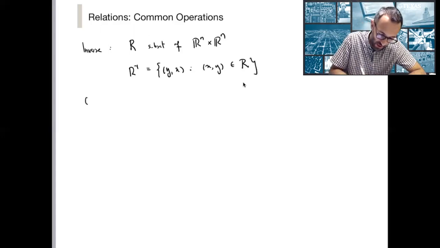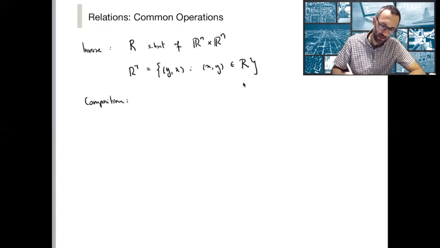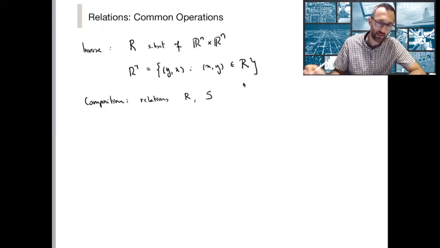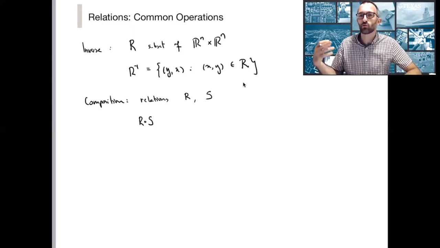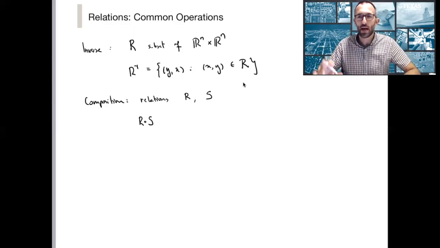We can also define composition in a very similar way. So if I have relations R and S, then the composition of R and S is really writing in a relation language the natural idea of composition of an operator.